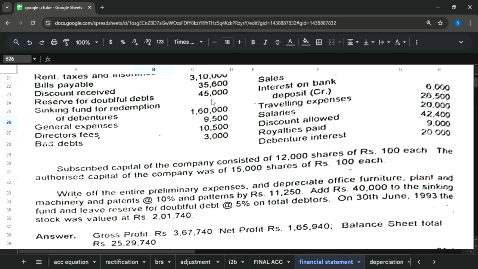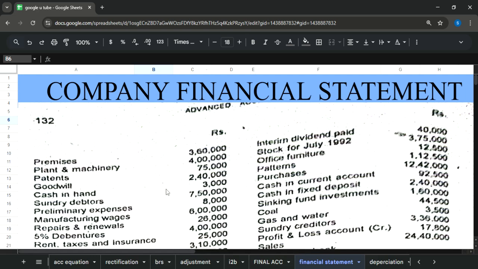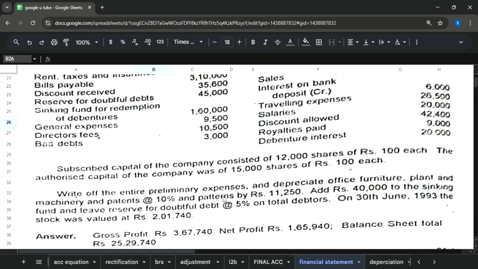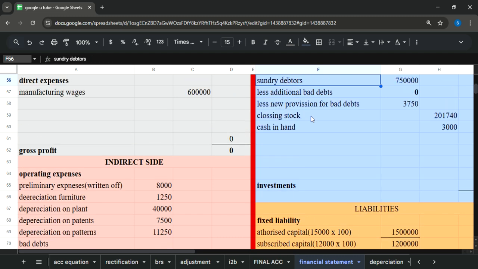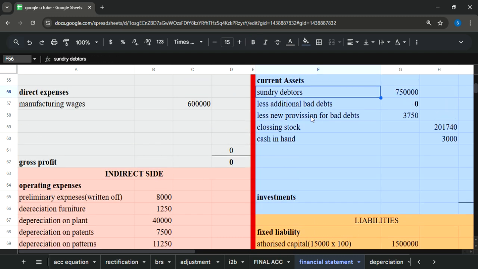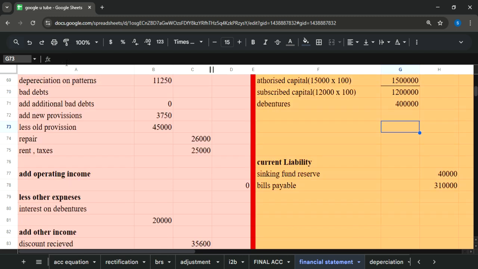And here 45,000 is a huge amount. Old provision, let's check it out. There is something fishy over here. 45,000, and we were needed to calculate 5% of total debtors. Amount of sundry debtors was 750,000. Let's check it out. Sundry debtors 750,000, and how much amount have we taken? Oh, we have got it. 10 is needed to be written. So this was 37,500.